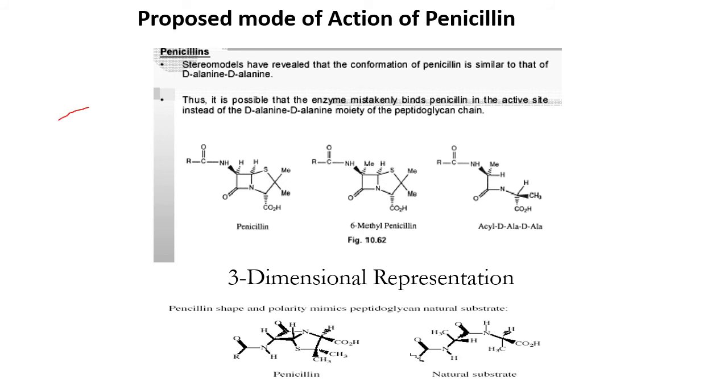It's structurally not totally dissimilar to D-alanine-D-alanine, which is what the transpeptidase binds to allow the cross-linking reaction to take place. That's D-alanine-D-alanine, the natural substrate for transpeptidase. With penicillin, you can see that at least in terms of a backbone, they are fairly similar. Of course, the natural substrate doesn't have a beta-lactam ring, but it may be why the binding site is able to recognize penicillin in the same way as its natural substrate.